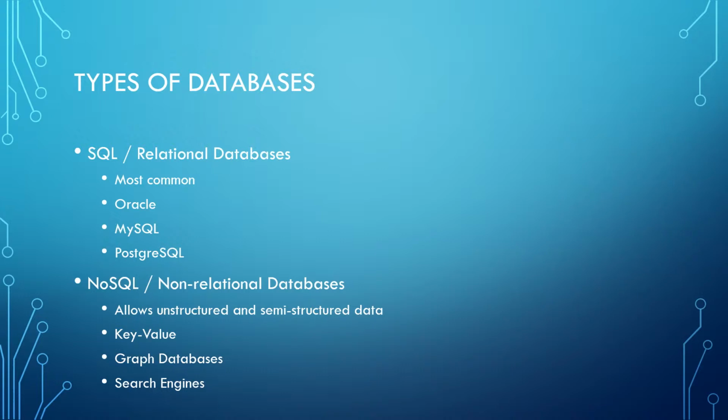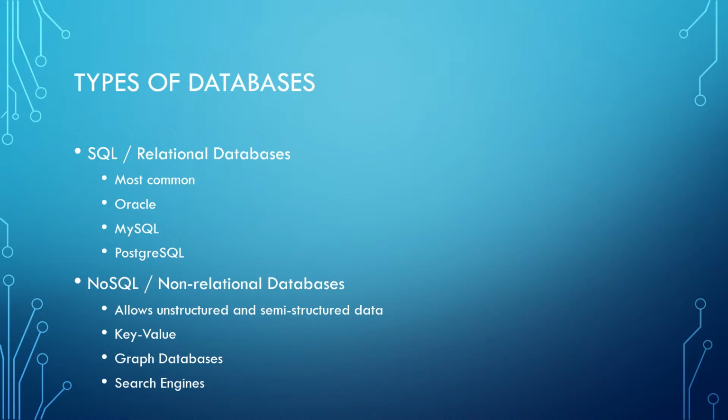They also mostly have the capability of data integrity, which is part of the software that uses a number of constraints to ensure that the data within the tables is both reliable and accurate. The most popular known relational databases are Oracle, MySQL, and PostgreSQL.